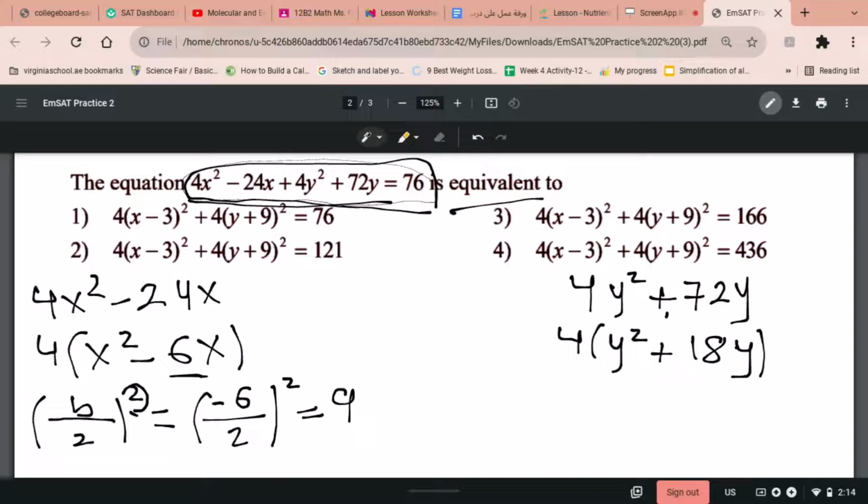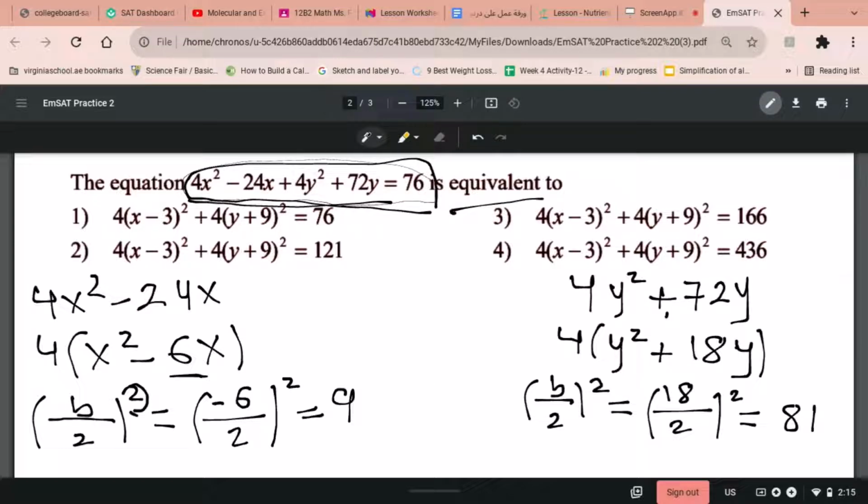And here we put the rule (b over 2) squared. We know that b is 18, and we divide it by 2, squared. 18 over 2 is 9, so 9 squared is 81. Then we take those two values and import them into this expression.